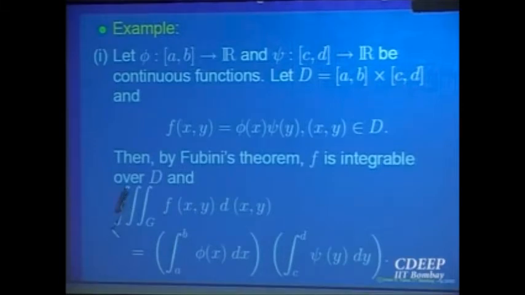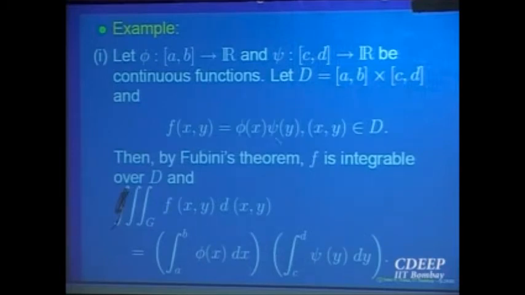It is a double integral. What is the double integral? I can integrate one variable at a time by Fubini's theorem, right? It is phi(x) times psi(y). When I fix the variable x, phi(x) becomes a constant, so that comes out. I get inside the integral from c to d of psi(y) dy. And when you integrate over x, this is now a constant, so I can integrate that out separately.